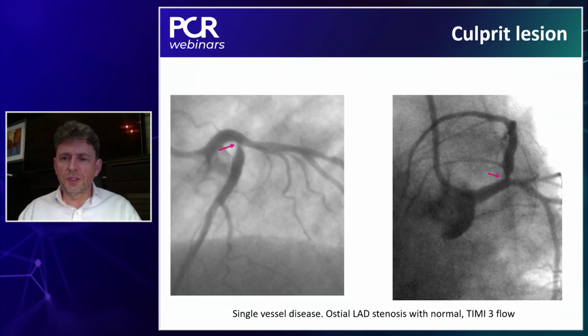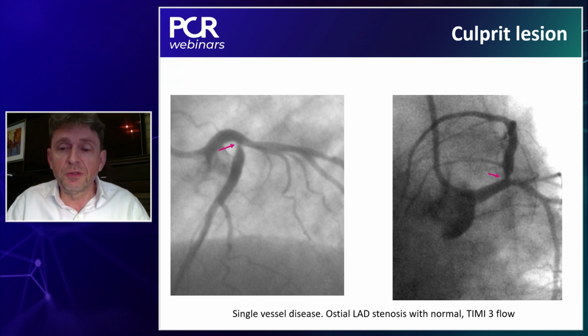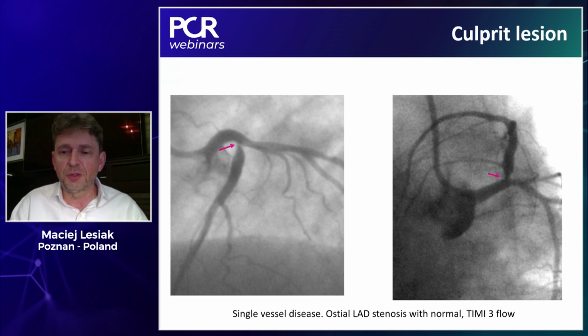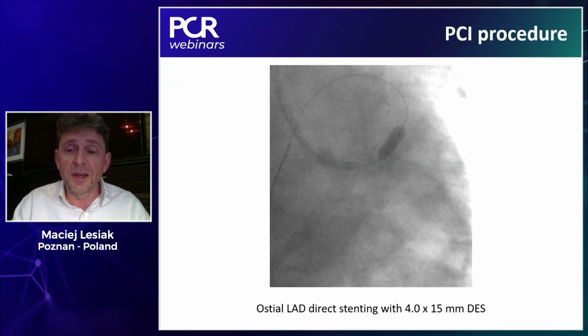Yeah, thanks, Francesco. Maciej, what did your colleagues do when they saw this angiogram? Okay, so we could go back to my presentation. Yes, so they decided, perhaps because the patient was unstable, a very simple strategy, just the ostial LAD stenting with direct delivery and deployment of a stent. So they chose a 4.0/15 drug-eluting stent.